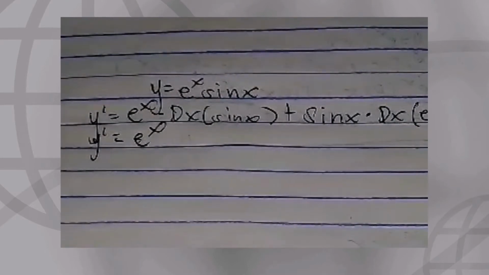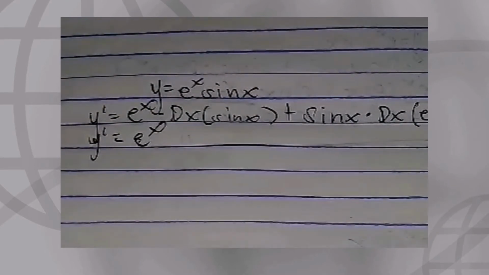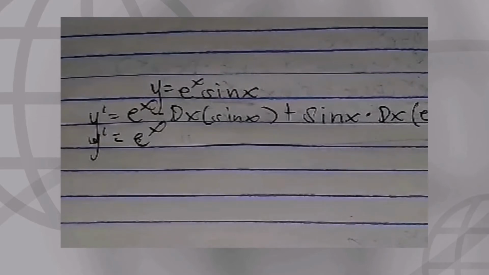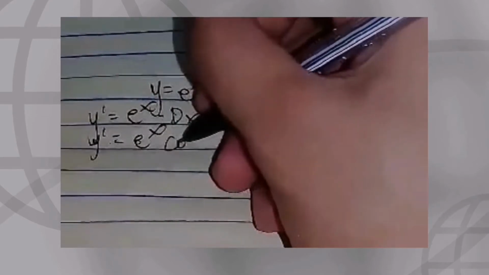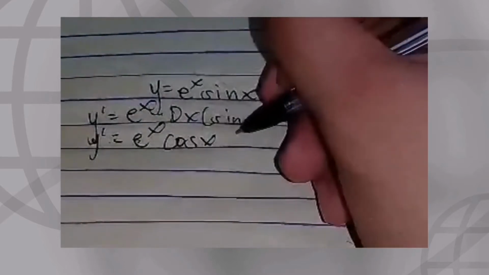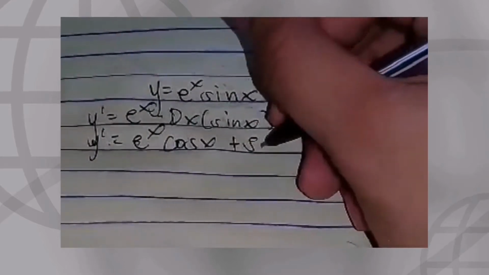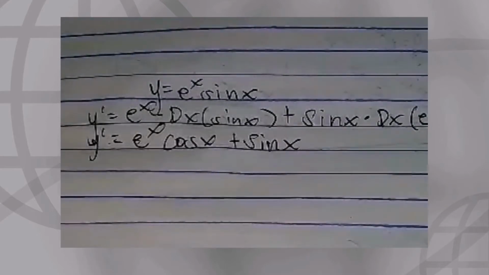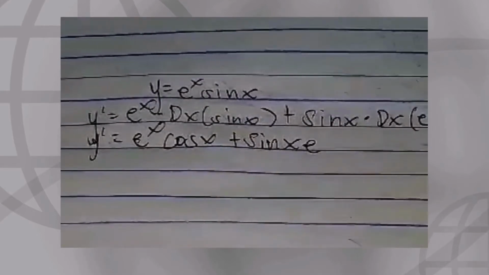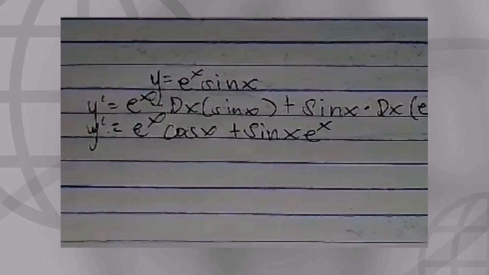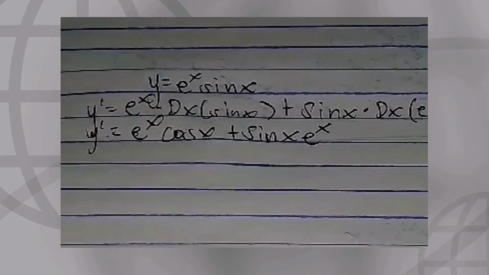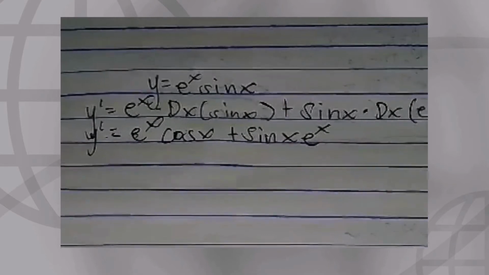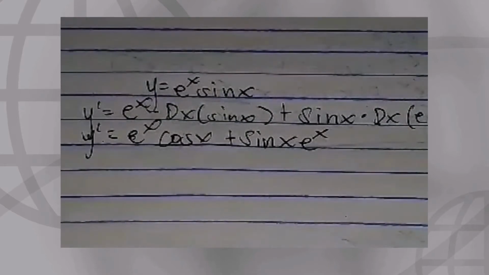We all know that the derivative of sine x is cosine x. So bring down the cosine x. Plus bring down the sine x. Then bring down the e raised to x too. The e raised to x is still e raised to x even though you differentiate it, because if you differentiate that x, it's going to be 1, so the e raised to x is not going to change.